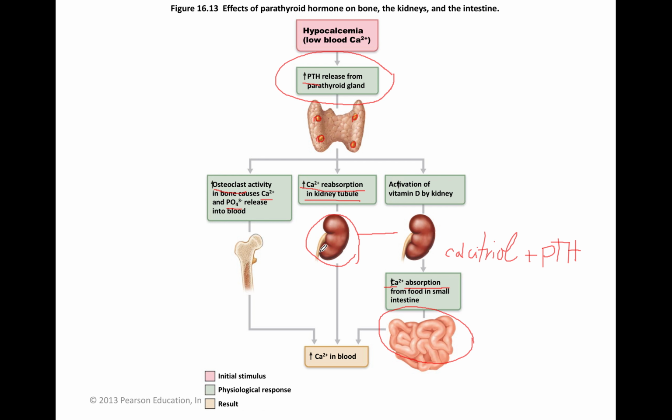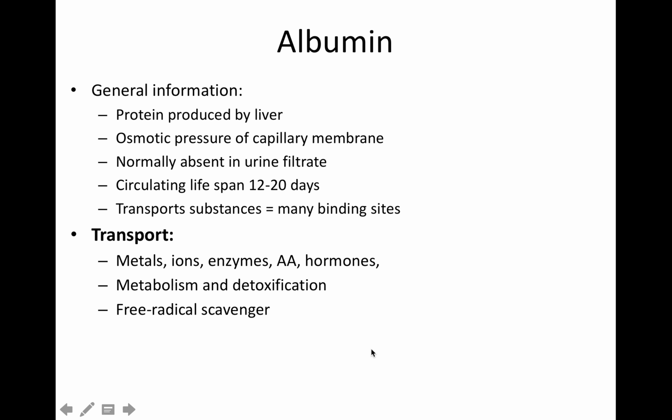You start reabsorbing it. And you absorb more from your intestine in the presence of calcitriol. All of these cause the final result you see, which is an increase in blood calcium. So again, you're maintaining your homeostatic feedback loop. You started with low calcium and then you work your way up to increase the calcium level.